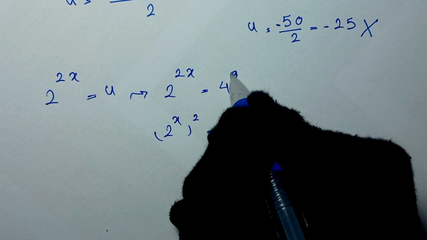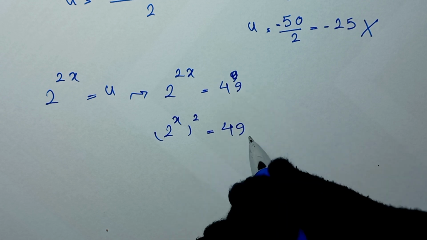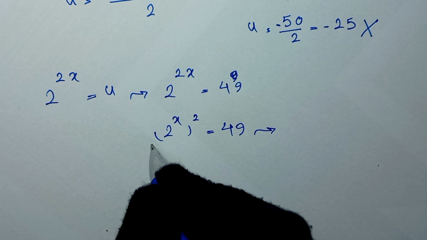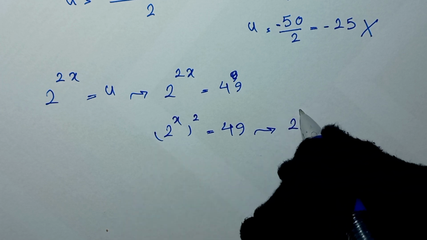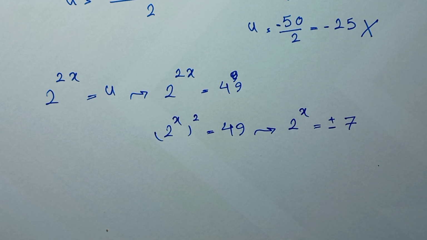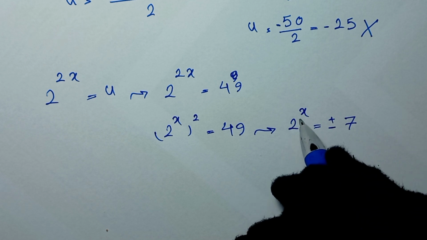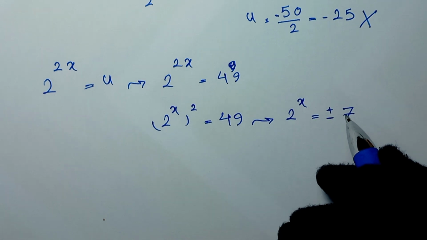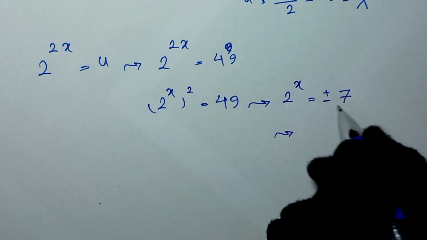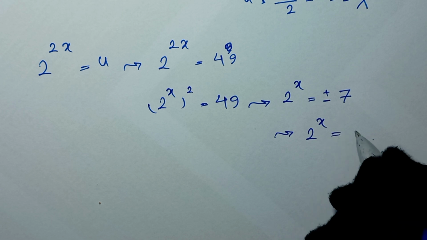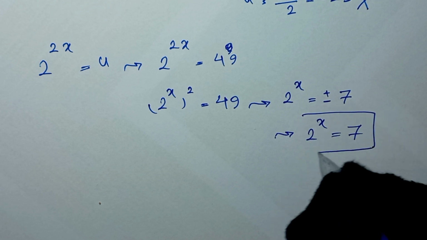In the next step, we apply the square root to both sides of this equation, and it will be 2^x is equal to plus or minus 7. As you know, 2^x cannot be negative, so we reject negative 7, and 2^x is equal to 7.